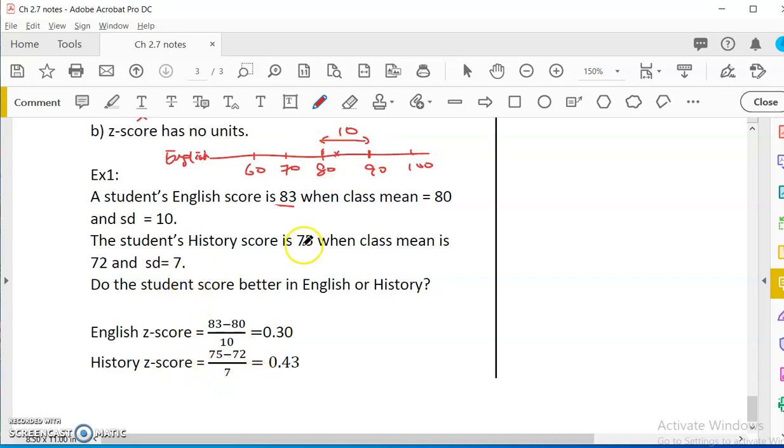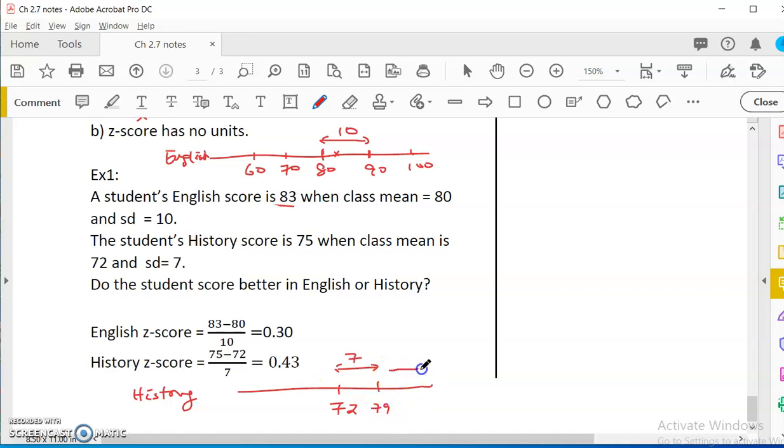And then history, this person scored 75, but the mean is 72, so it's still 3 points above, but you can do history here. The mean is 72. So each tick mark is 7 though, right? So one standard deviation is 79.